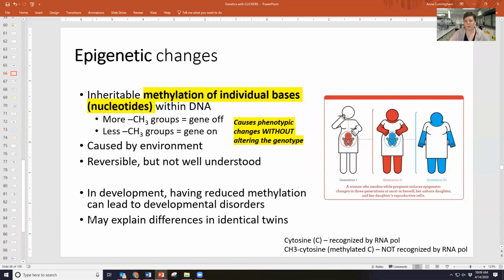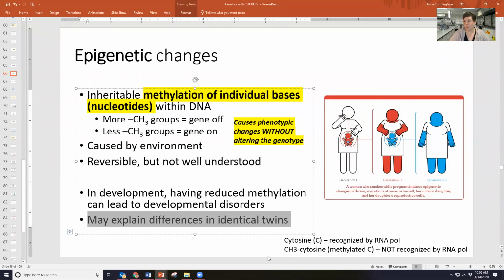I think probably a really interesting example, but I think this is all very interesting. I think epigenetics in general are just insanely interesting. But one reason I find this quite interesting is because I have a lot of twins in my life.